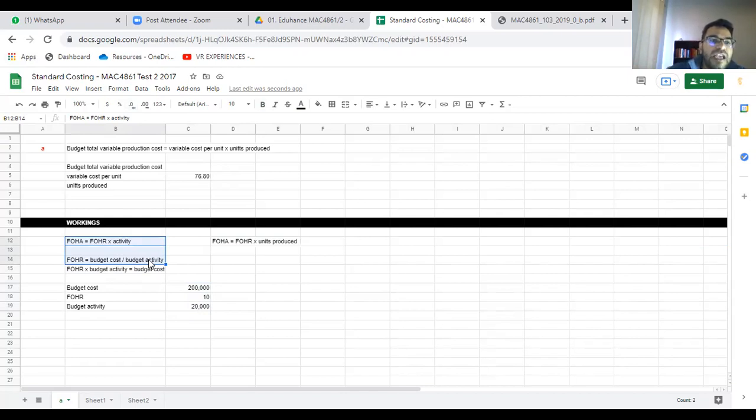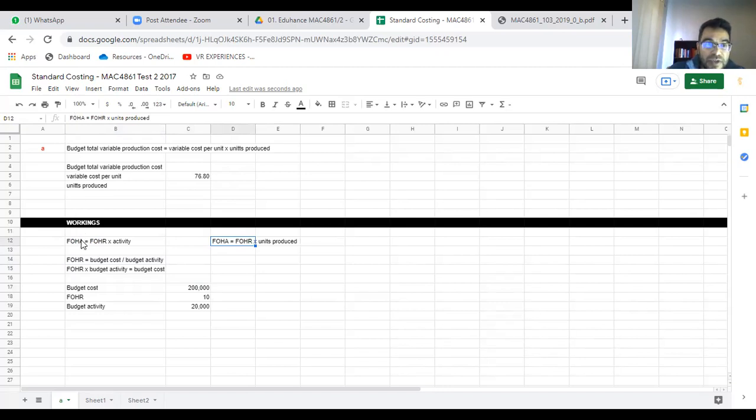But you must be able to switch your brain to change this formula. This is the technically correct way of calculating it. But you must be able to switch your brain to use that formula as well.